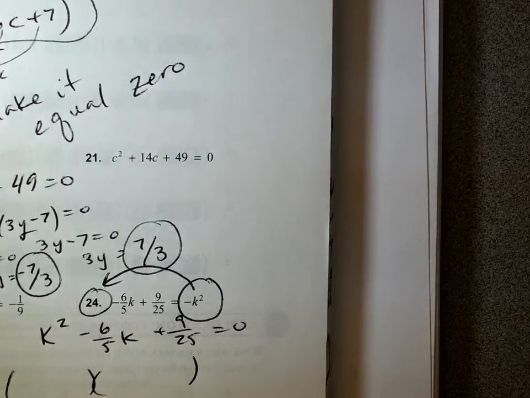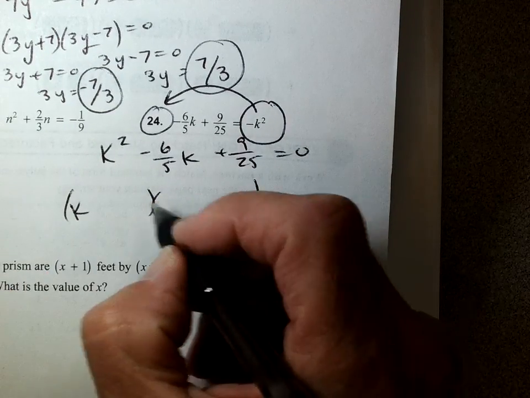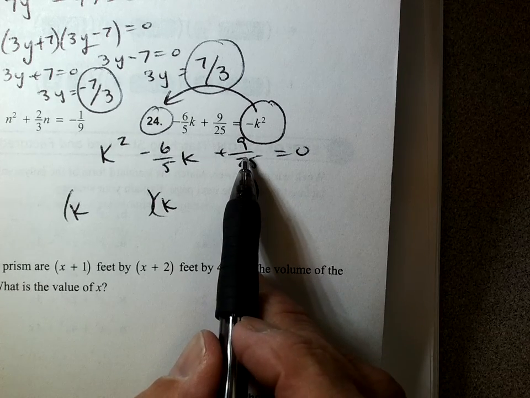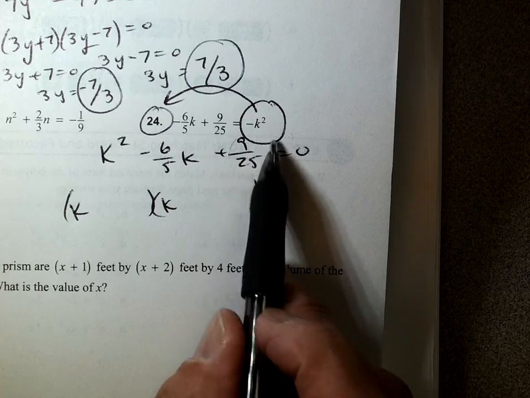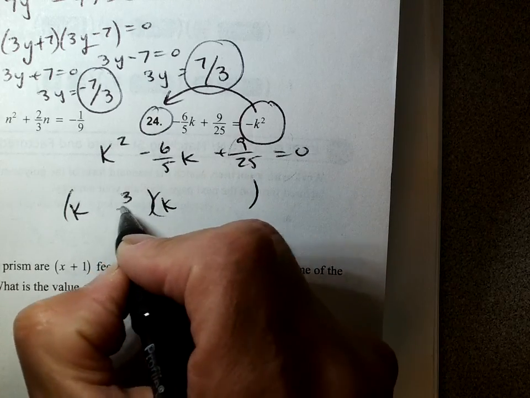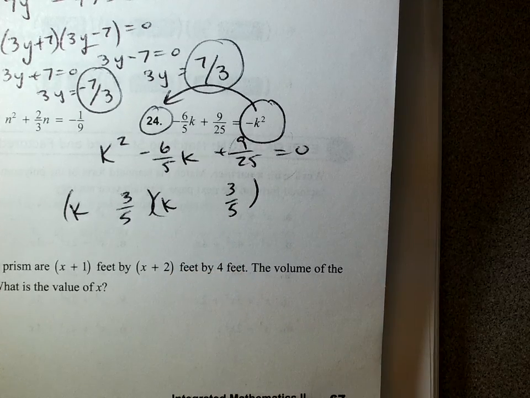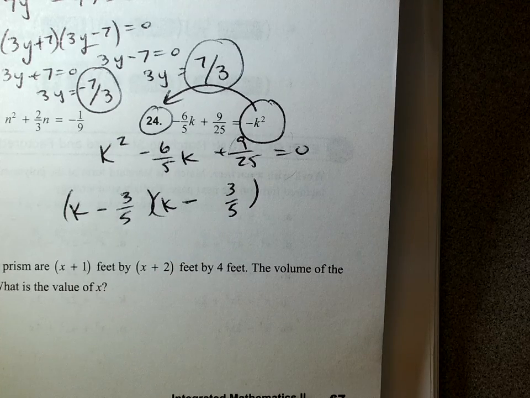So when I deal with fractions, I'm going to go k and k, because that'll make my k squared, right? And I'm going to go 3/5 and another 3/5, okay? I know they're both going to be minus and minus. I want you to think about this, okay?